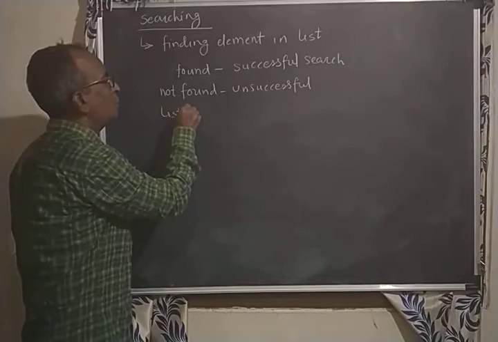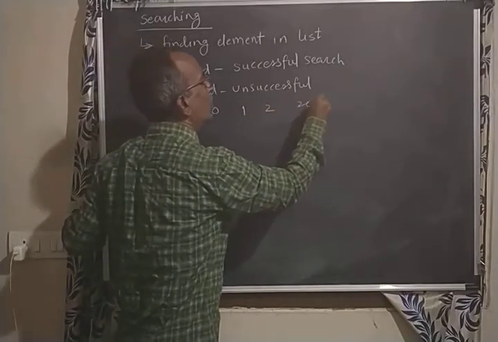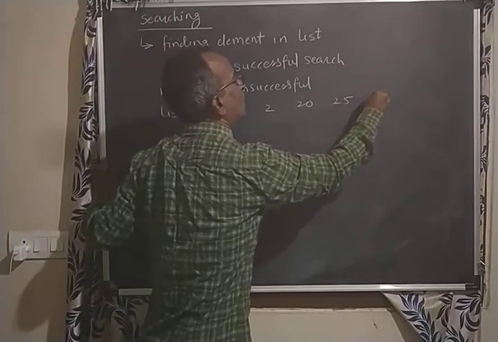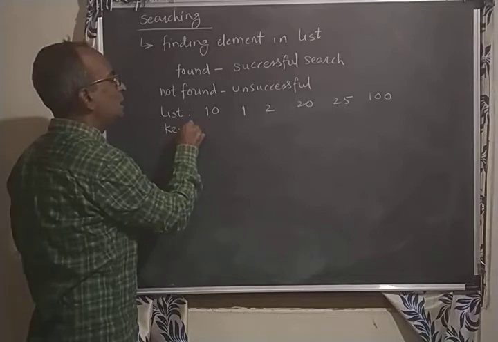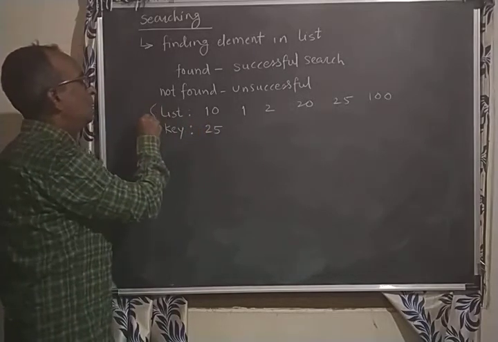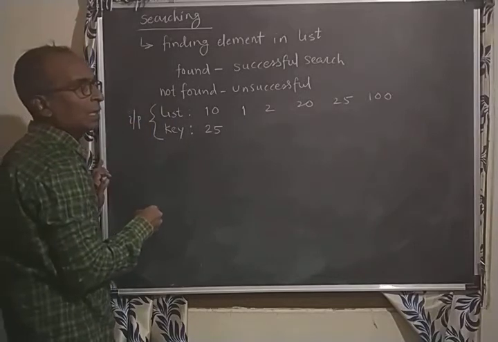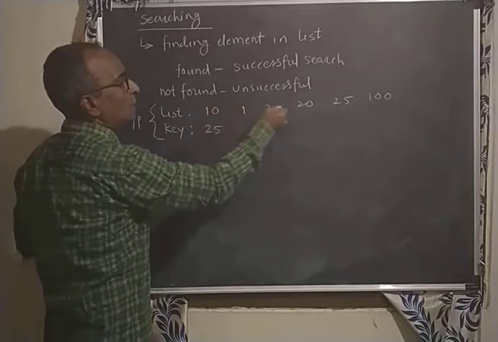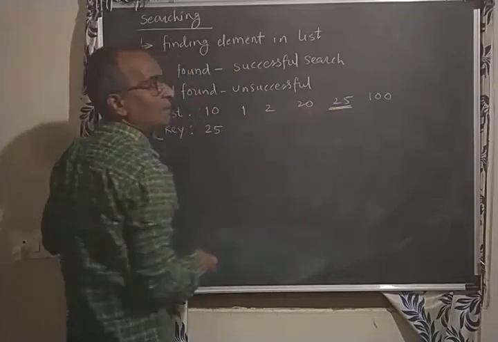As an example, suppose some list like this is given, and the key, the element to be searched, suppose 25, is given. List and key will form the input. Now 25 is to be searched in this list. Is it available? Yes, it is available in the list.